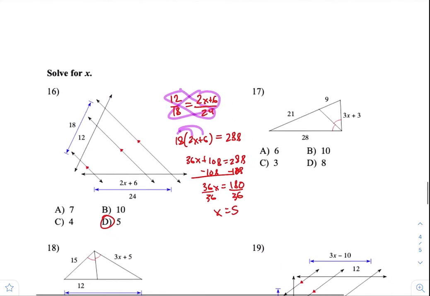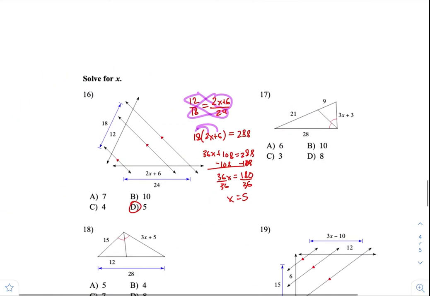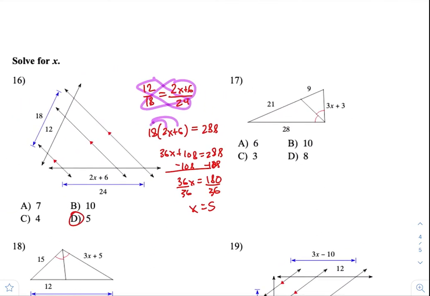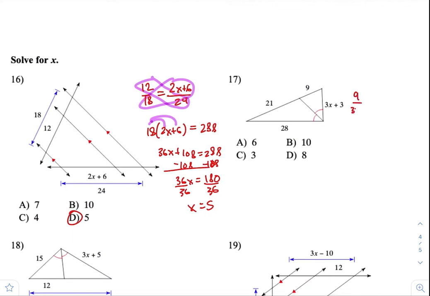Number 17. Alright, so making proportions. I'm just going to do 9 over that is equal to 21 over that one. 9 over 3x plus 3 is equal to 21 over 28. Cross multiply. 21 times 3x plus 3 is equal to 9 times 28.